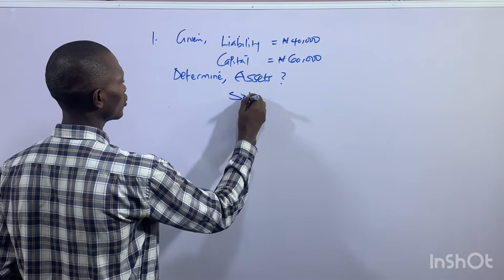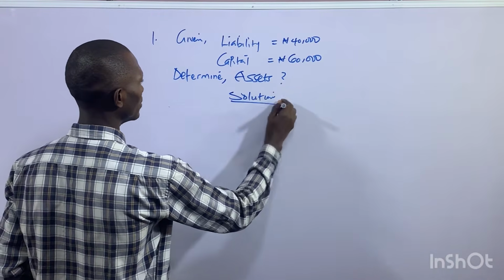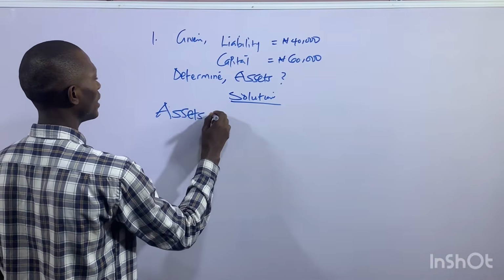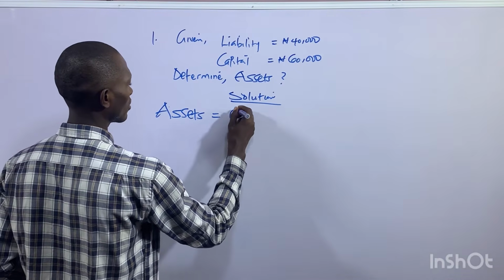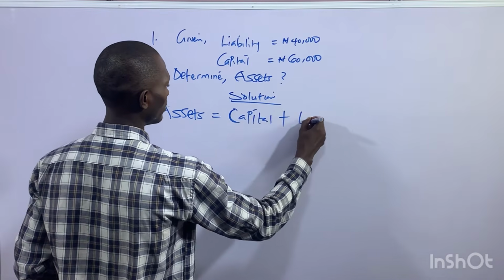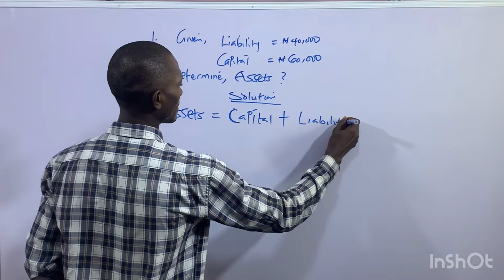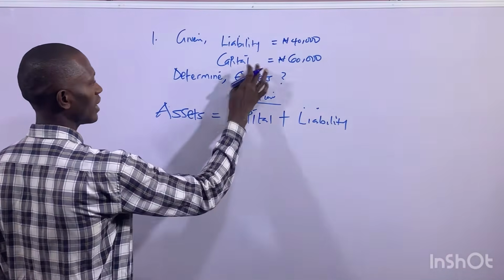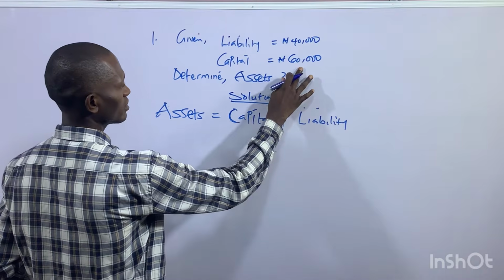Solution. That means to solve this now. So assets, write out the formula. Asset equals capital plus liability. So you've been given liability to be 40,000 and capital to be 60,000.